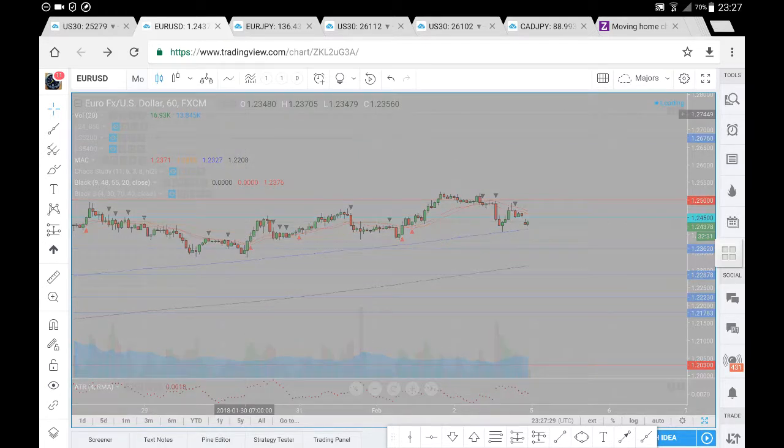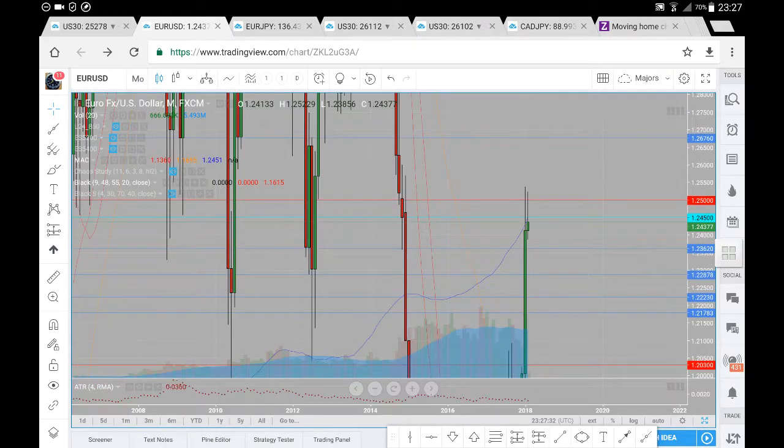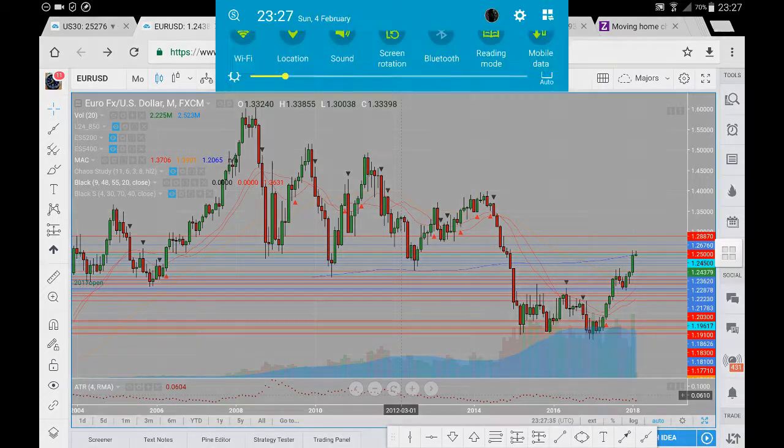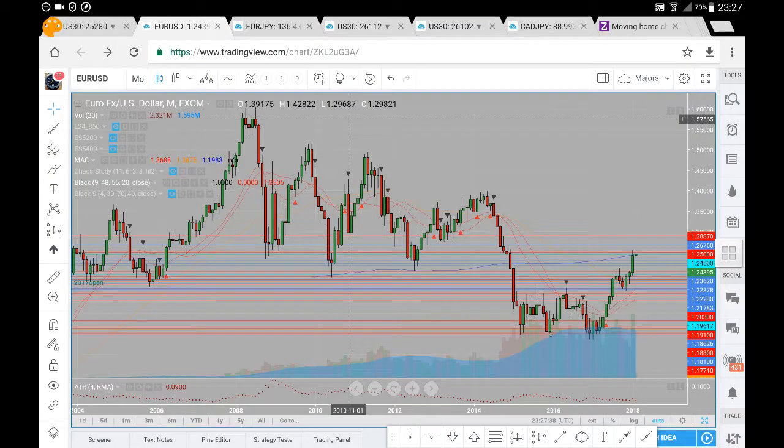So we'll start with the monthly. And let's just get the scale on here correct. So as we can see here on the monthly chart on euro dollar, we've come down into this area here. We found support. We've had a strong move upwards. We've had a brief pullback, and then we've seen this strong move upwards again.